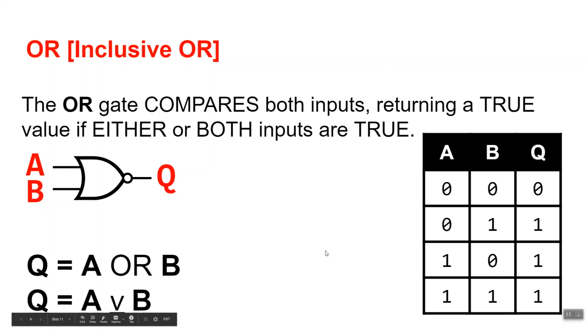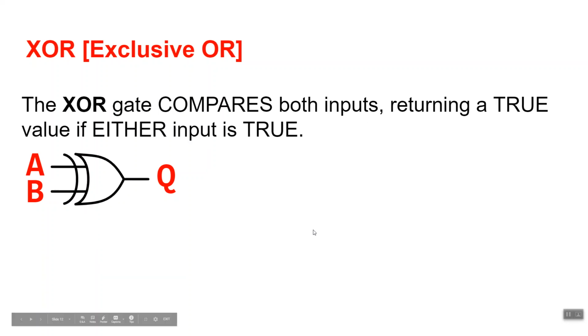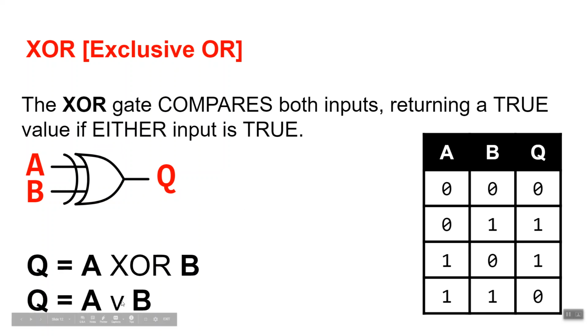And the new one, which you may not have seen before, is exclusive OR. And it's very slightly different to OR. This time it compares both inputs just like previously, but it only returns a true value if either input is true, not if both of them. So this time you've got A XOR B, or in fact we should have had the underlining on there, but never mind.